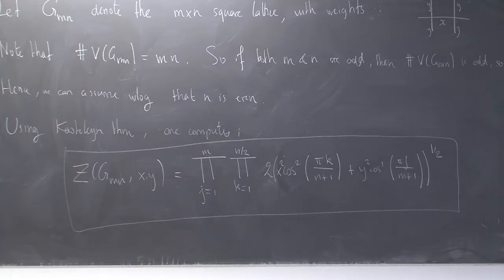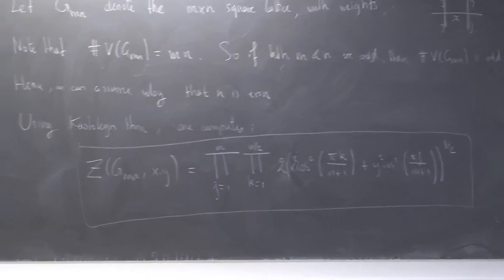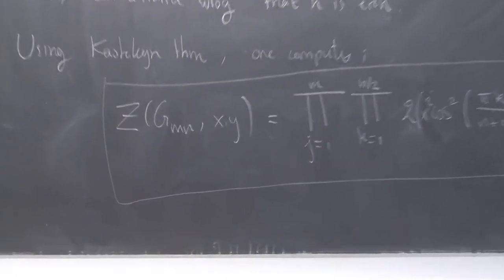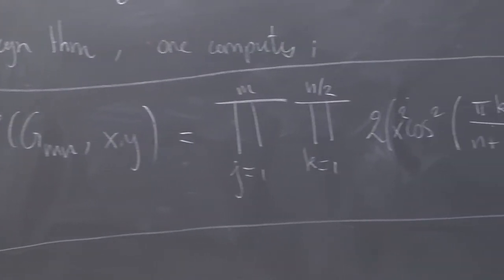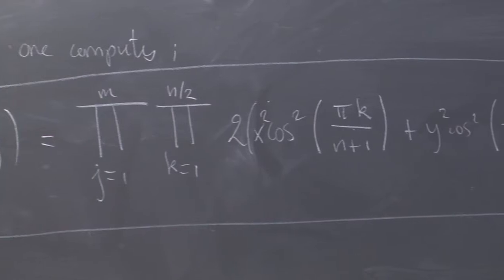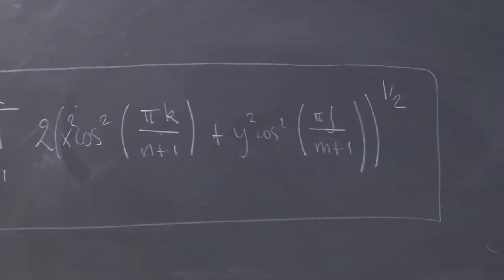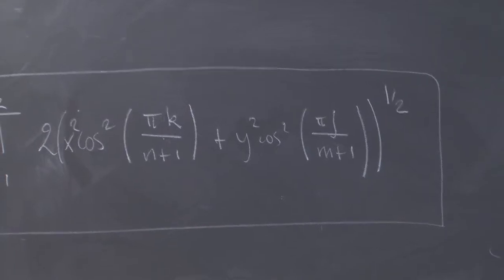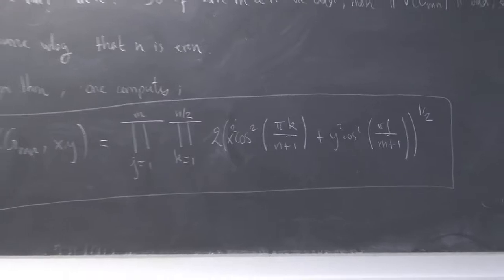Remember, we started the class by asking questions about combinatorics: can you count the number of perfect matchings on the graph? And remember in the introduction I also told you that on the square lattice, counting perfect matchings is the same as counting domino tilings. So now, in particular, setting x equal y equal 1, what do we get?